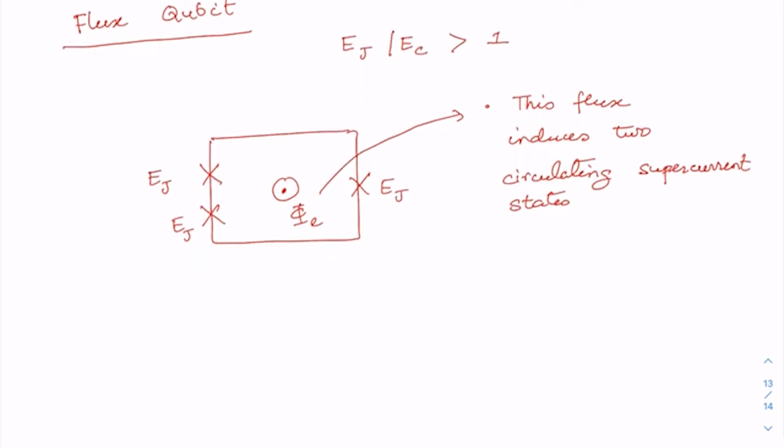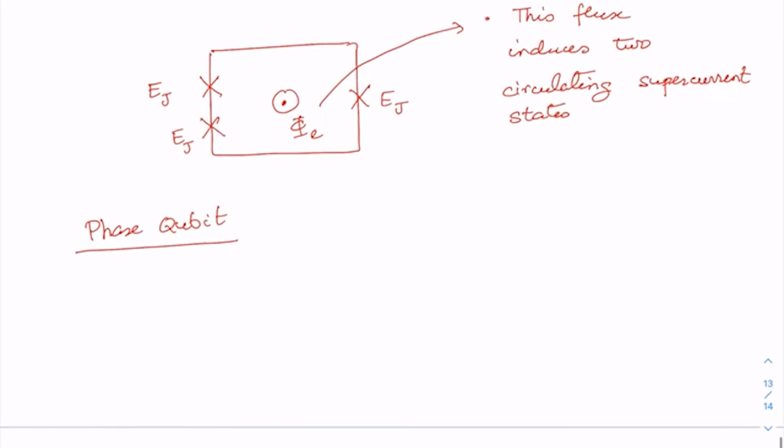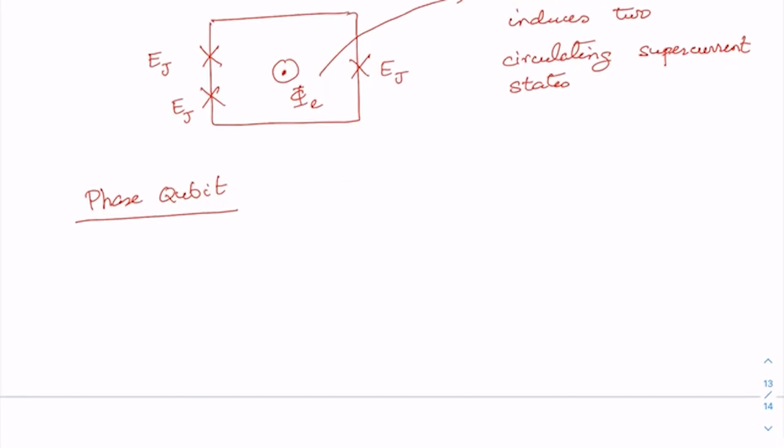Another one is the so-called phase qubit, which basically consists of a single Josephson junction. So you have a Josephson junction like this, connected to an external current source.